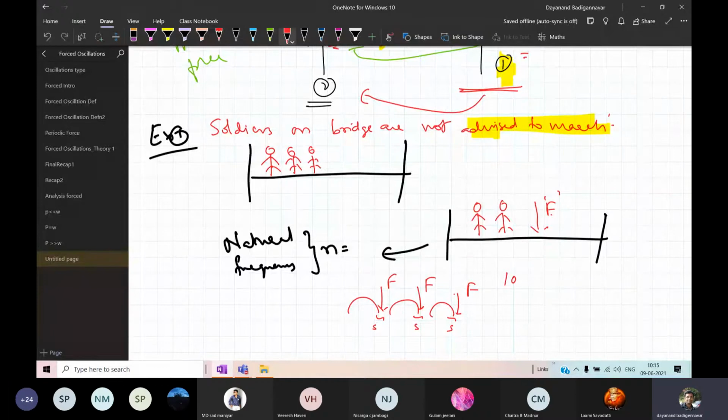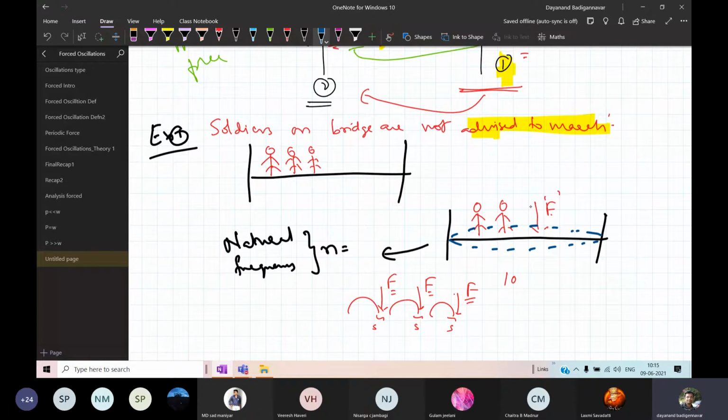The force is not incident only once, it is incident in a regular manner, every 2 seconds, 1 second, half a second, whenever the soldiers march. Therefore, the bridge will start to oscillate like this from its mean position.